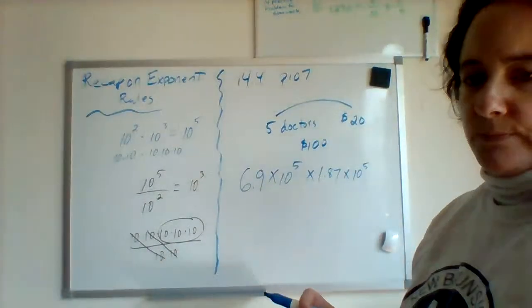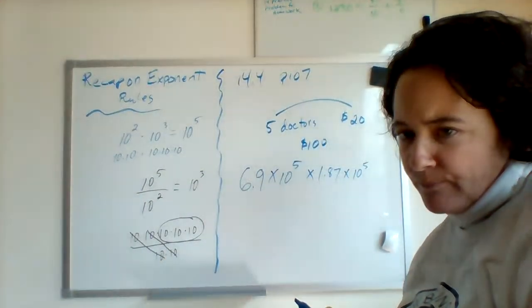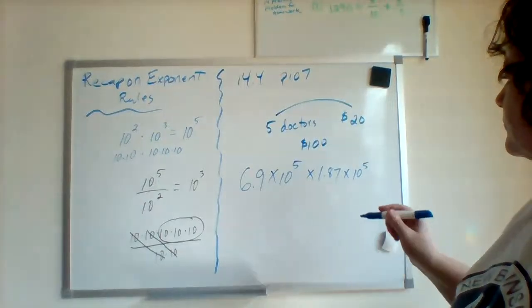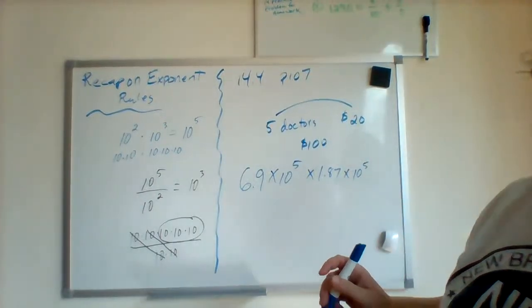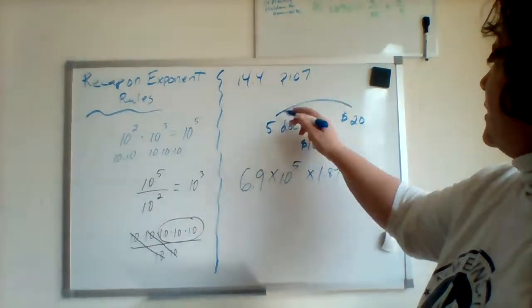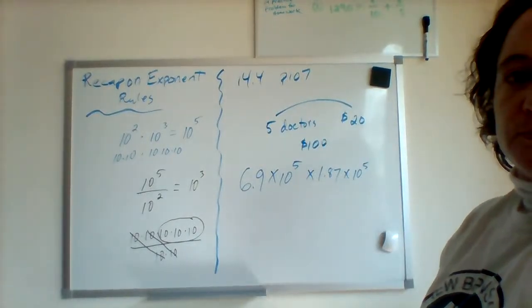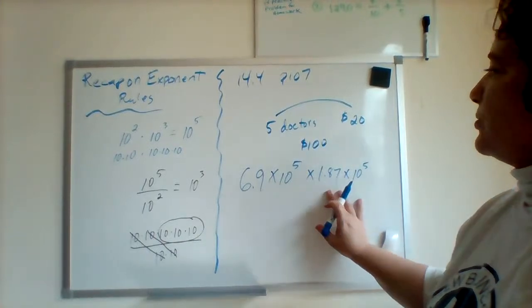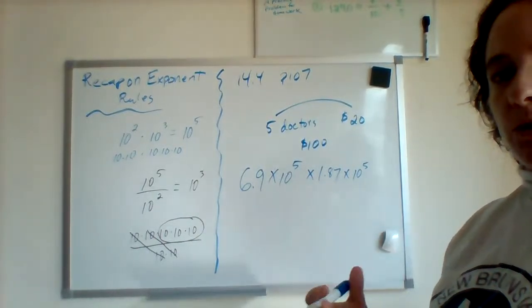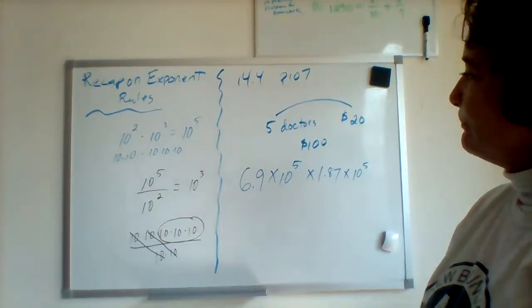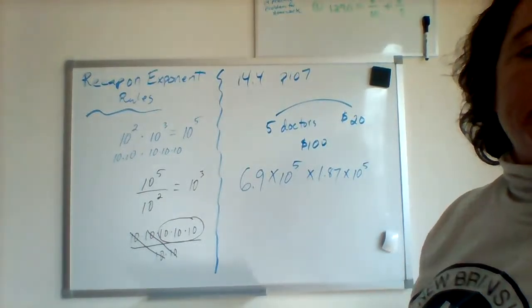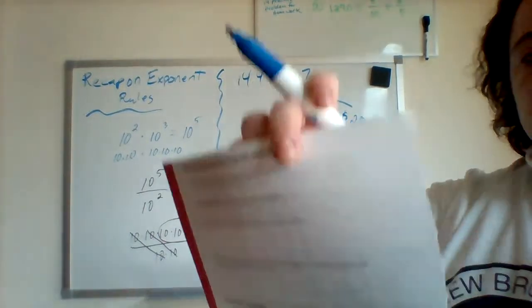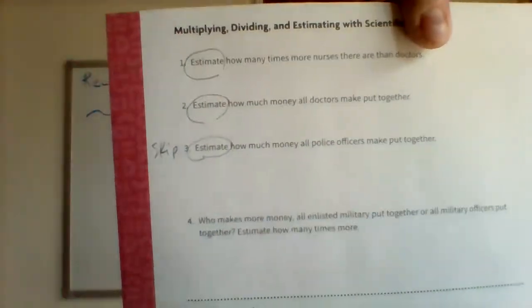So it's kind of old, but, you know. Okay, now, you said just multiply them, right? You said 5 times 20 is 100. So that means if we multiply these two, we're going to be able to answer how much all the doctors make. Well, remember, what was the key word in all of these questions?